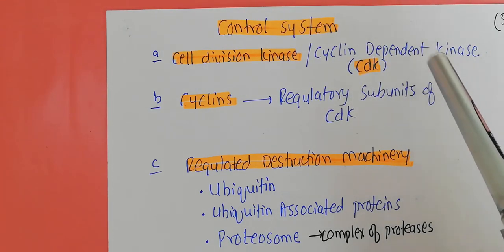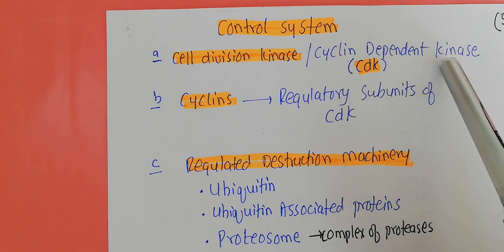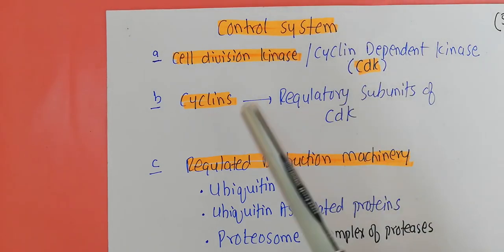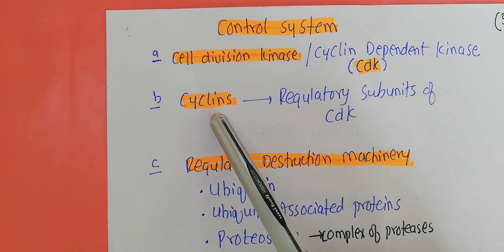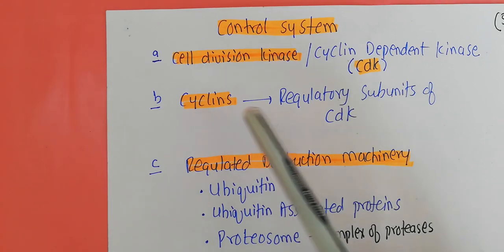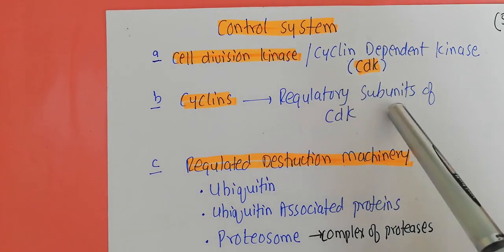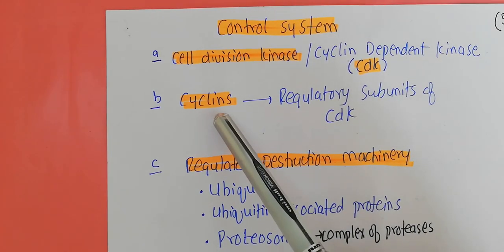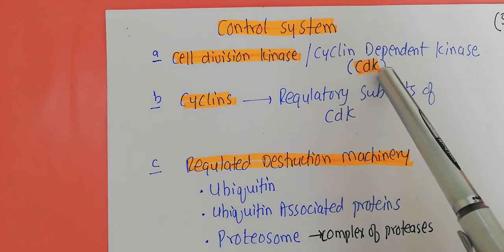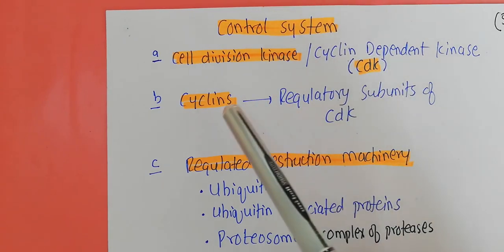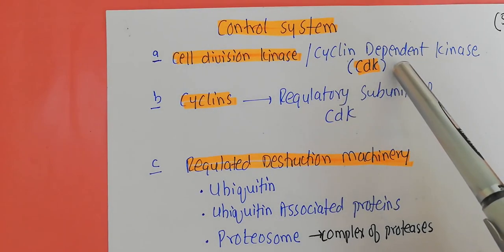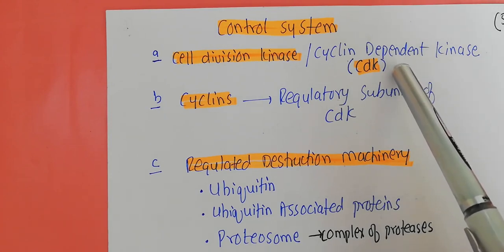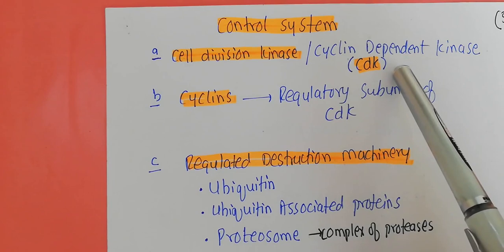That means that for the activity of these kinases, you need another protein which is known as cyclin. Cyclins are another type of protein in the control system which work as the regulatory subunits of the CDKs. That means that if the cyclins are there, the cyclin-dependent kinases are going to work. If they are not available, the cyclin-dependent kinases are not going to work, and we will see in detail in different phases how that is going to happen.